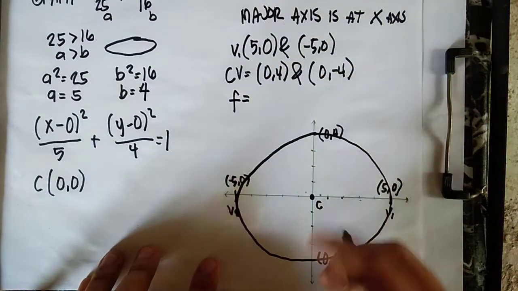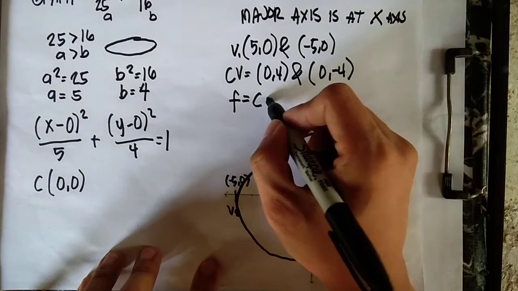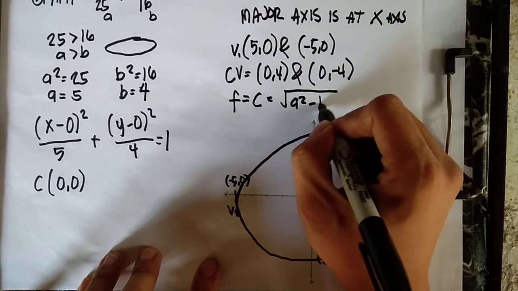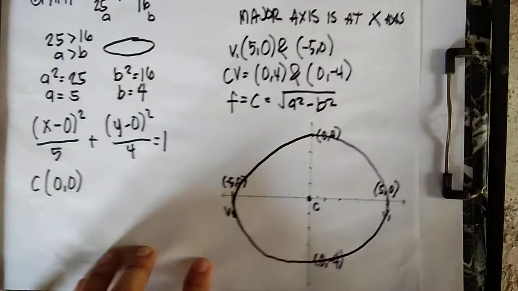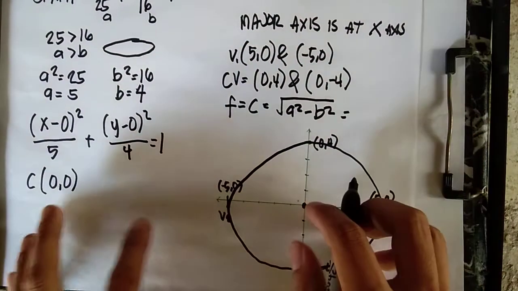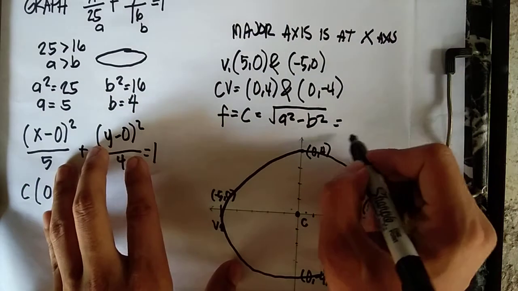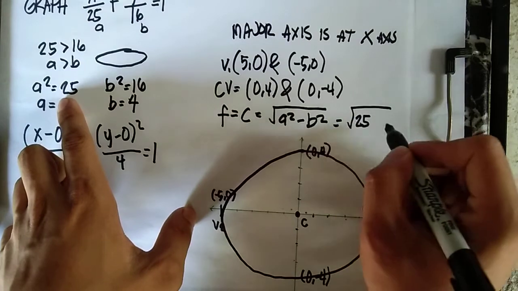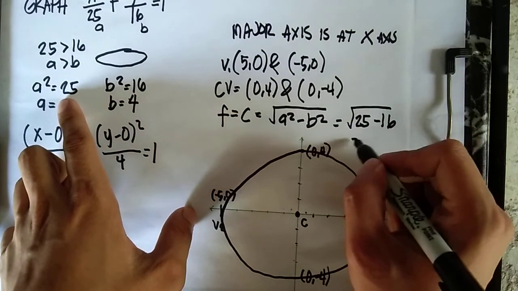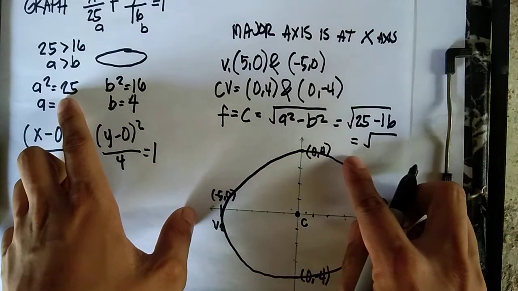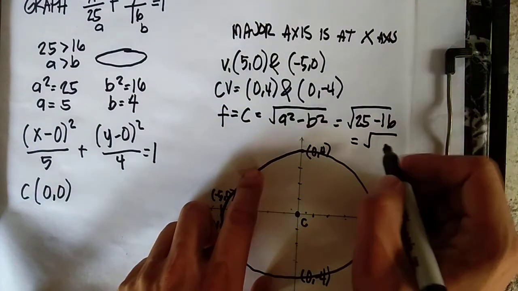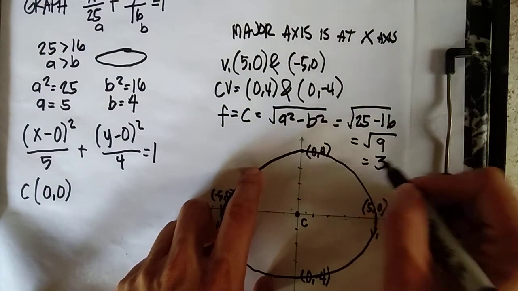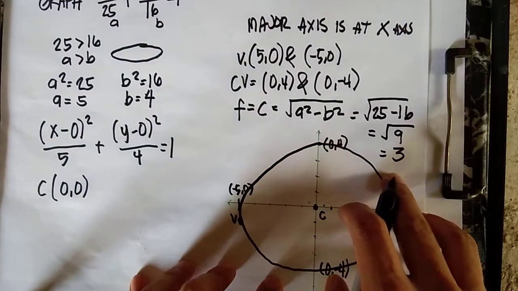Yung foci natin is equal to c, or yung formula niya is a squared minus b squared. So, yung ating a squared ay 25. 25 minus 16 is equal to 9. And square root of 9 is equal to 3. So, yung foci natin ay 3.